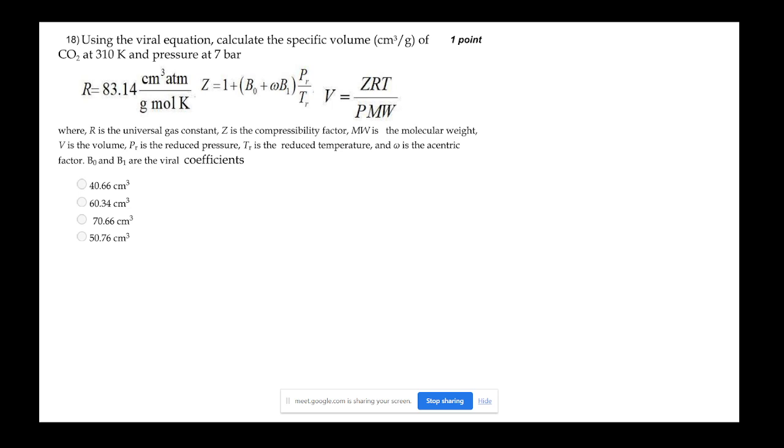So wait, I will tell you what are the correlations that you should use for B0 and B1.